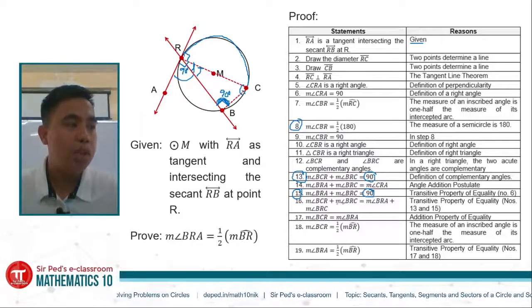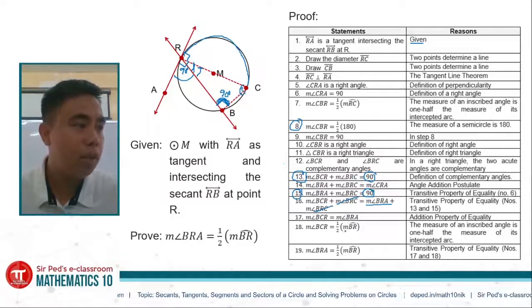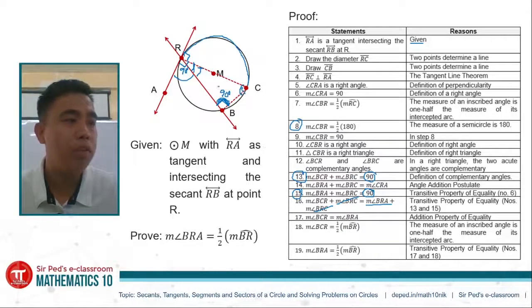Therefore, by the subtraction property, we cancel this angle BRC. The measure of angle BCR is equal to the measure of angle BRA. The measure of angle BCR, this angle, is equal to 1/2 the measure of arc BR.